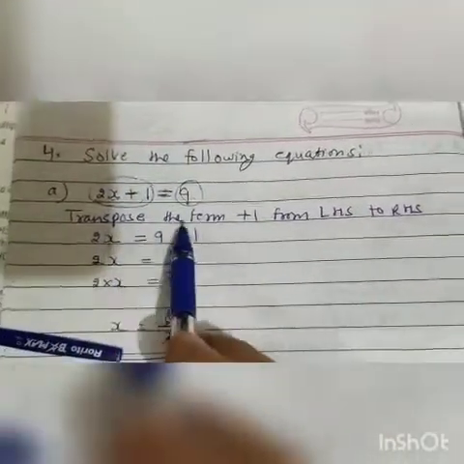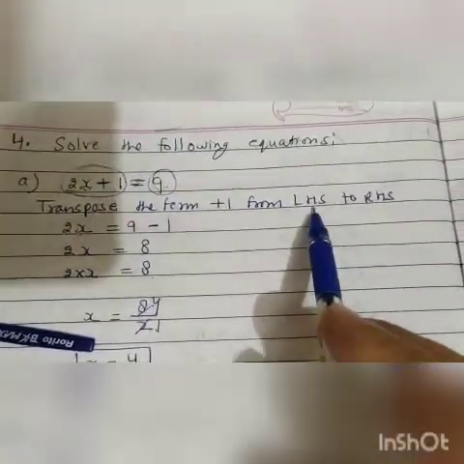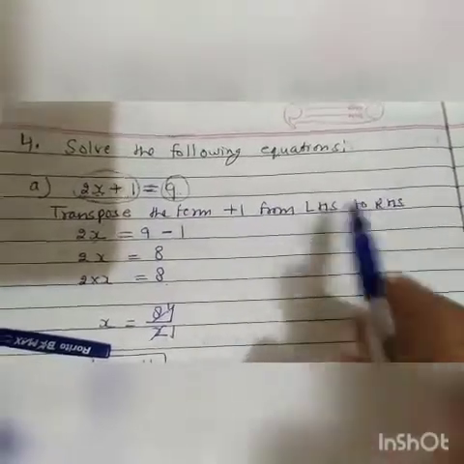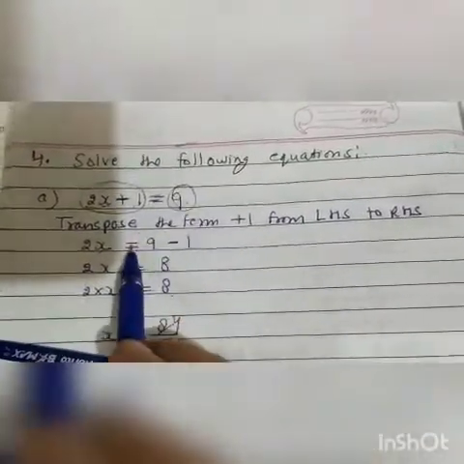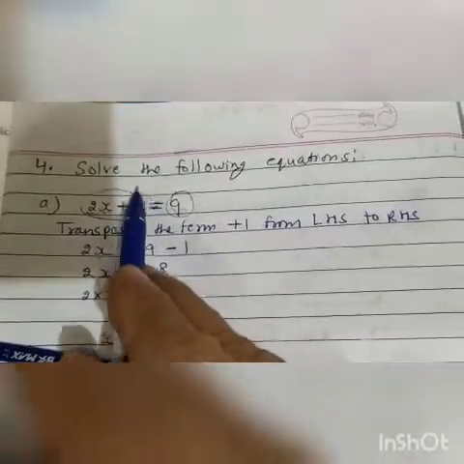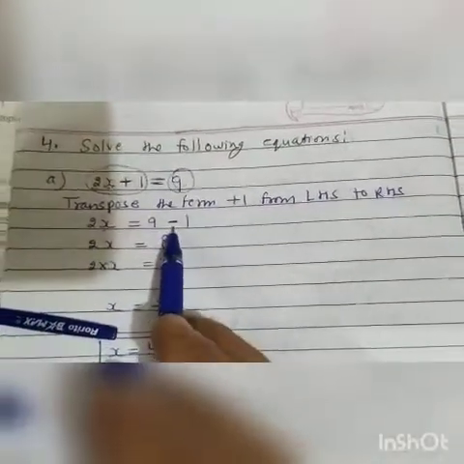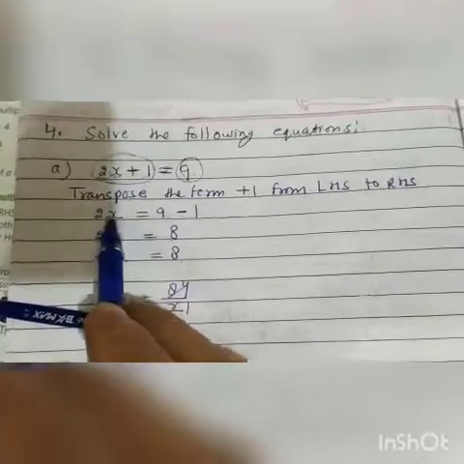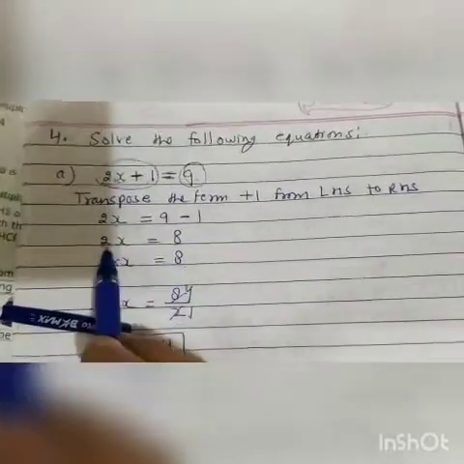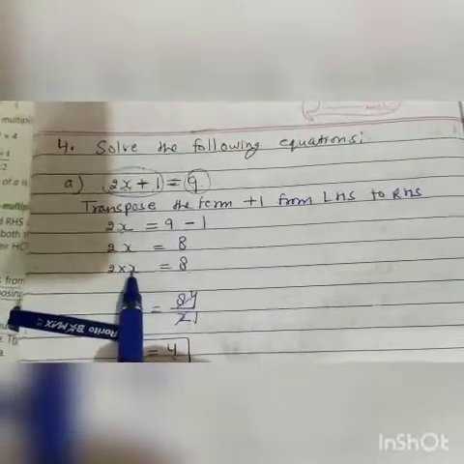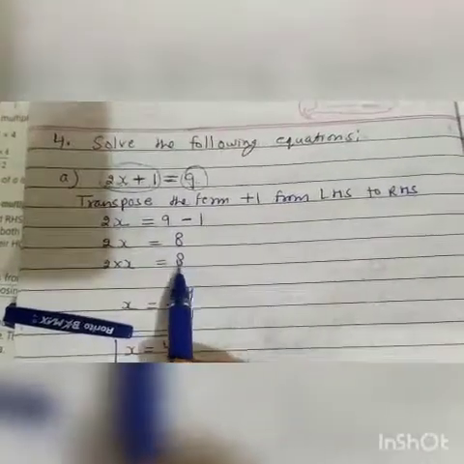So transpose the term plus 1 from left hand side to the right hand side, means this 2x will be written as it is, then equal 9, write this plus 1 in right hand side and it will become minus 1. Now 2x is equal 9 minus 1 is equal 8. 2x means 2 multiply x equal 8.